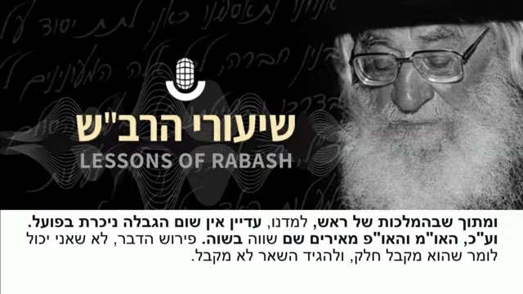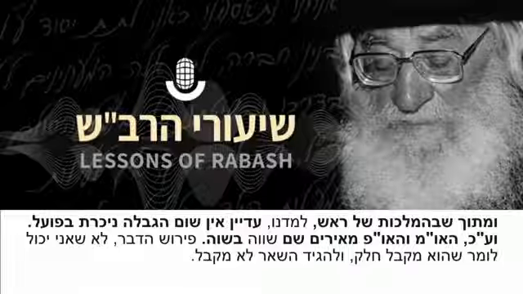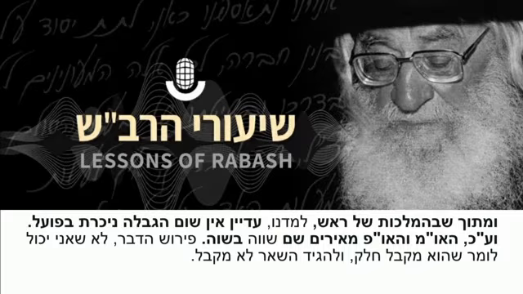Since in Malchut of the Rosh, we've learned, there is still no apparent limitation. The surrounding light and inner light shine there equally.